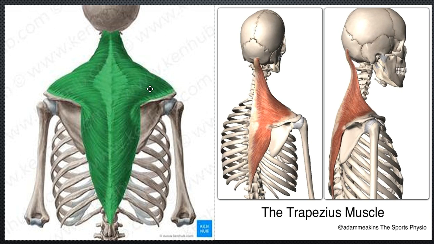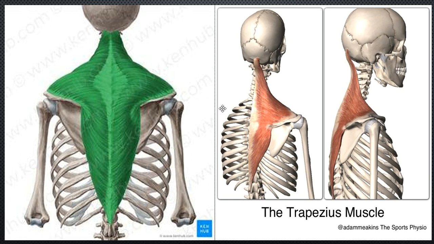Here we can see the shoulder blade, that means scapula. Insert into here, insert into here. The trapezius is a flat triangular muscle whose base is facing the spinous process of vertebrae.